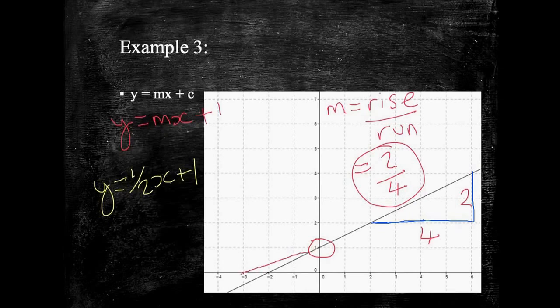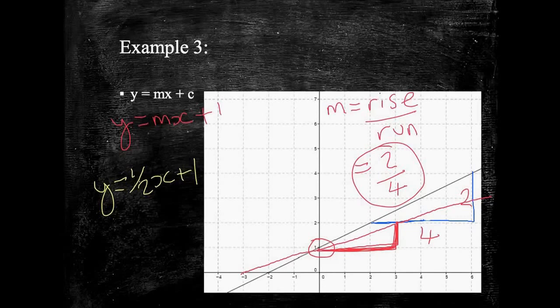Okay, I think it would go something like this, where we go 3 along for every 1 up. So 3 along for every 1 up, if it were a third. So again, we can have fractions as gradients as well as whole numbers.